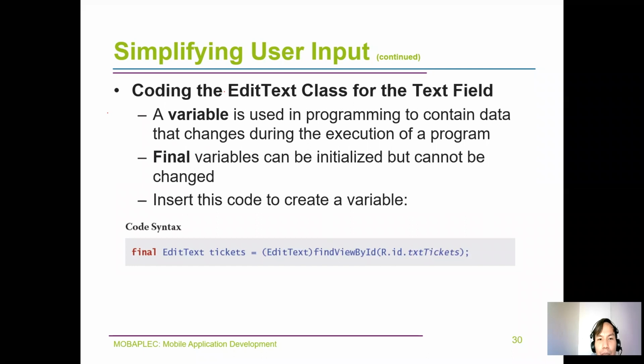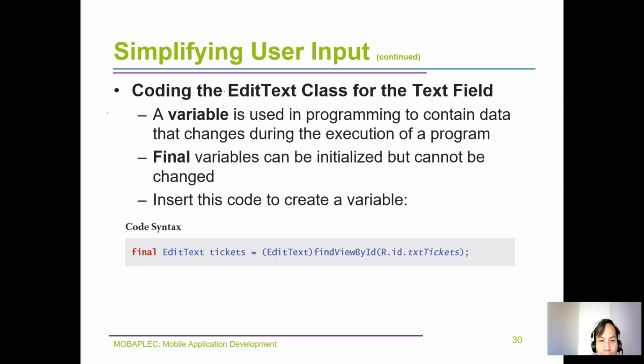For example, final pi is equal to 3.14, so the pi is 3.14, including two decimal places. That's final, meaning you cannot modify it at all. That's the term for constant.